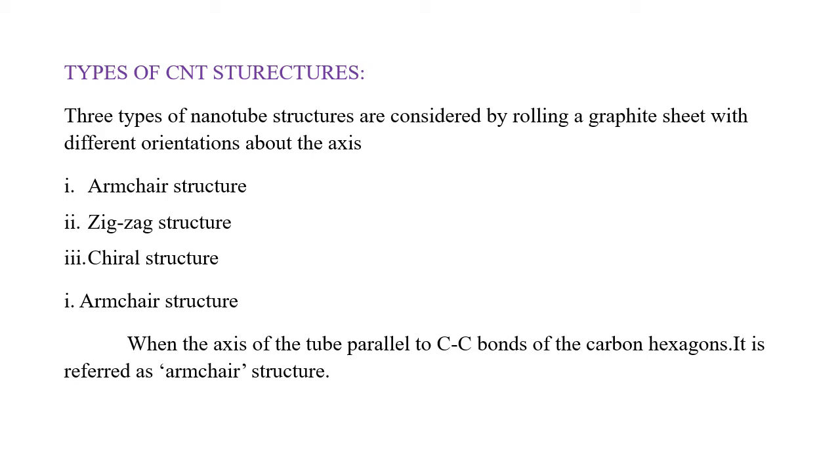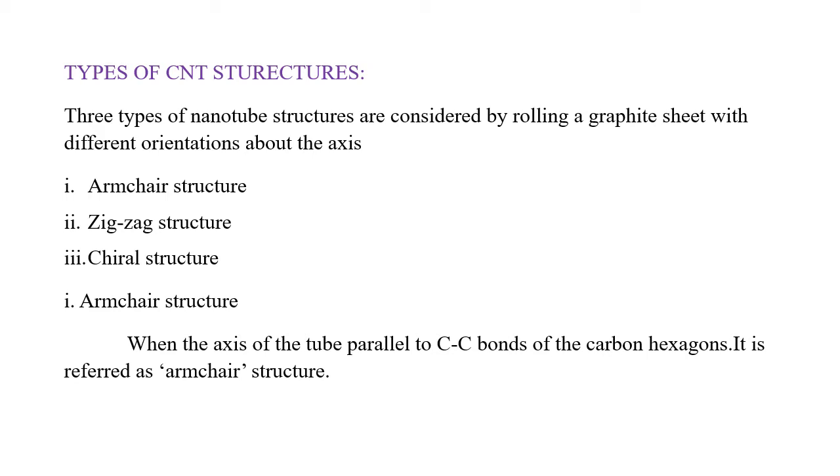Types of carbon nanotube structures. The three types of nanotube structures are considered by rolling a graphite sheet with different orientations about the axis. They are armchair structure, zigzag structure, and chiral structure.